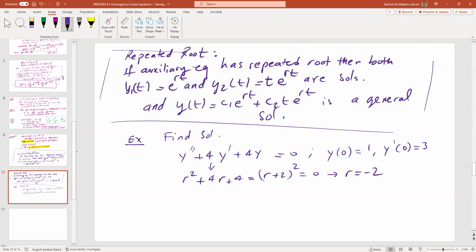And since it's a repeated root, y1 is this with the r, and y2 is this. And here I'll also ask you to check, and you're going to find that it works.